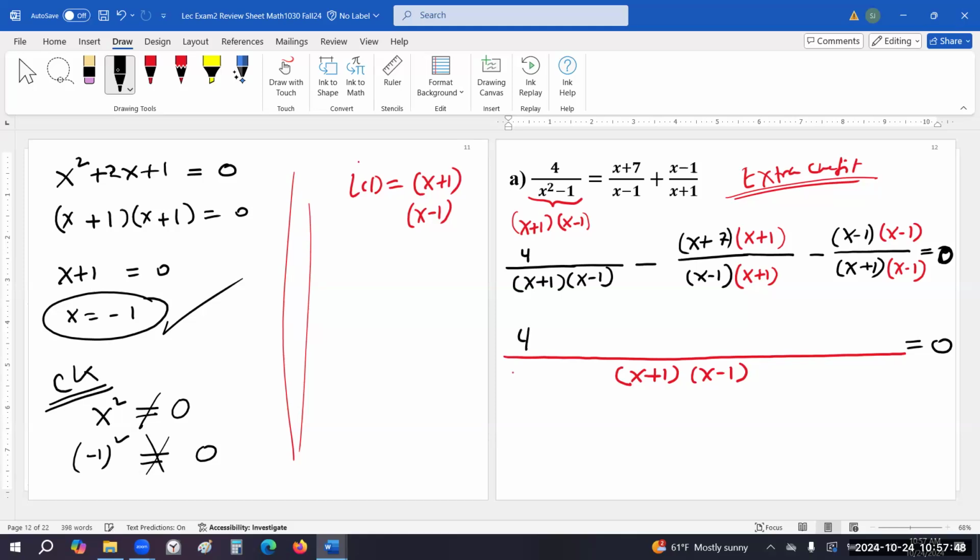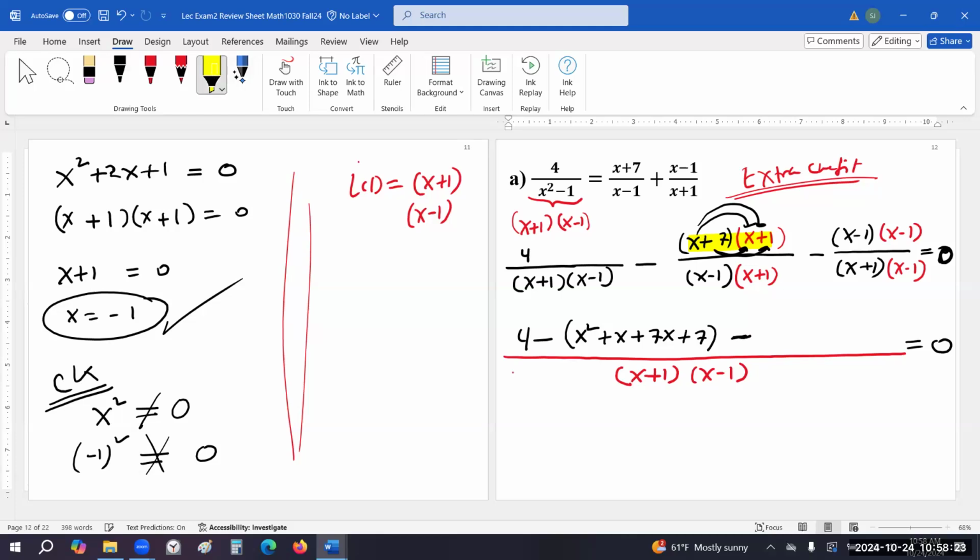So we have 4 minus, let's multiply this inside the parentheses. What do we get? x times x, and then x times 1. Bless you. 7 times x, 7x. And 7 times 1, 7.